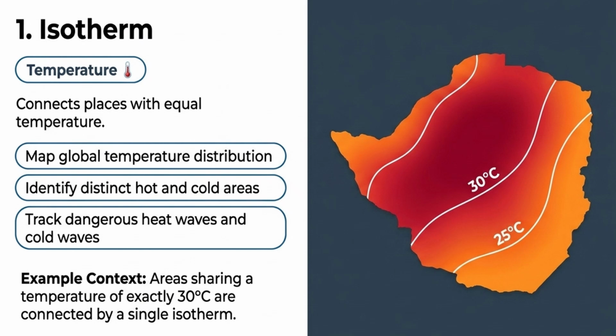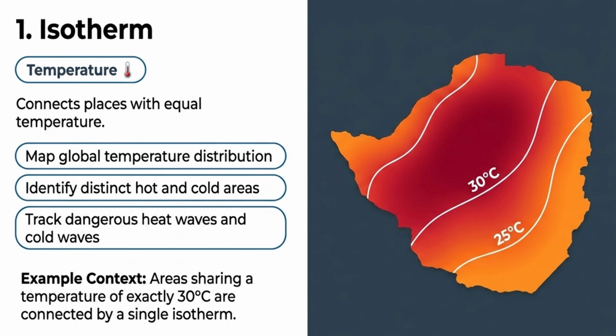For example, if several places have a temperature of 30 degrees centigrade, they are connected by a single isotherm. Similarly, places with 25 degrees centigrade are connected by another isotherm, as shown in the figure.